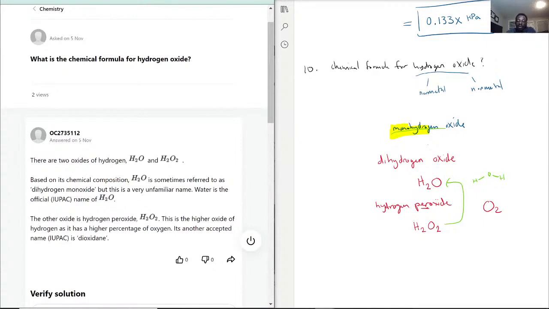If I remember correctly, it seems that they want you to include both. So maybe the case is that you actually want to label how many of your second element you have. But either way, if you don't have the prefix, hydrogen oxide just is not a thing, unfortunately.